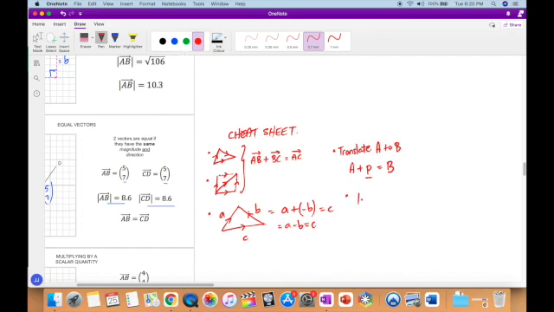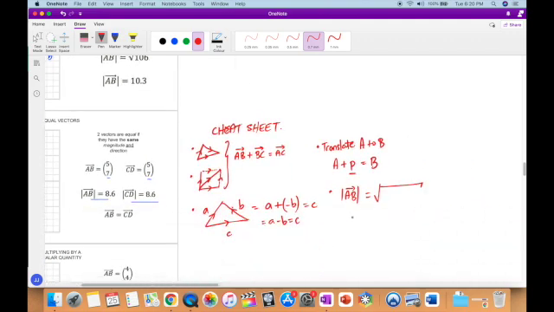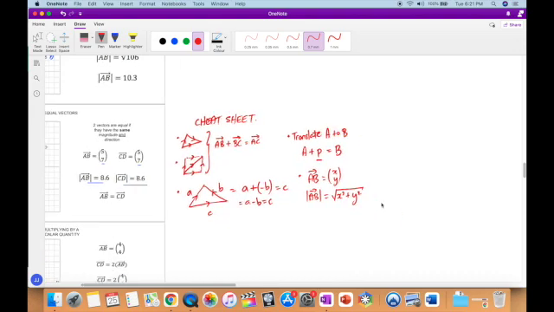So the modulus of the vector AB: let's put the vector AB is equal to (x, y). Therefore, the modulus of AB is equal to the square root of x squared plus y squared. Right? So that is the modulus thing, right?